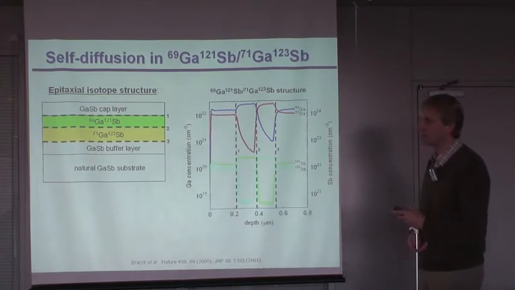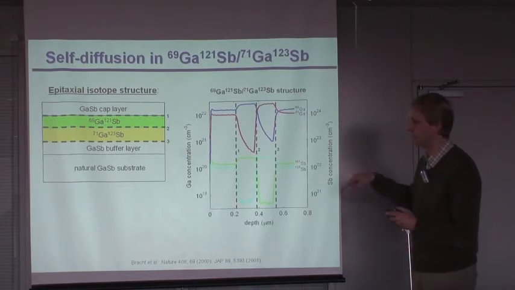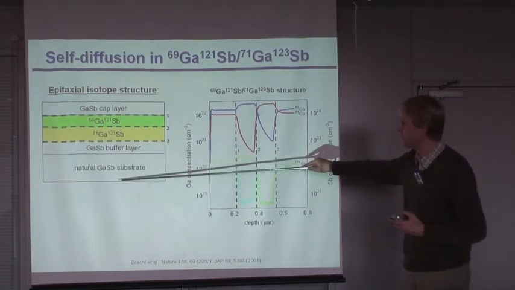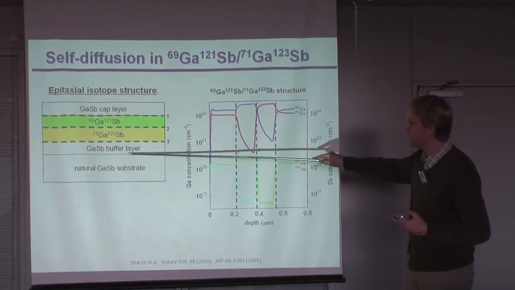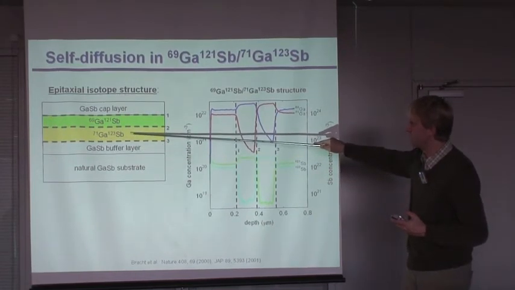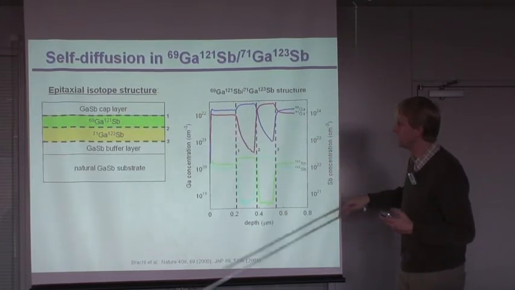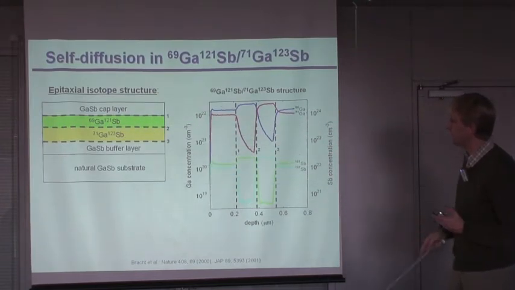In the gallium arsenide system, we have also done the self-diffusion, but I haven't put that into the talk. So, the same approach: you have here a natural gallium antimonide substrate, here buffer layers, and here, as already introduced, the isotope structure with the two different isotopes, and then again the cap layer.